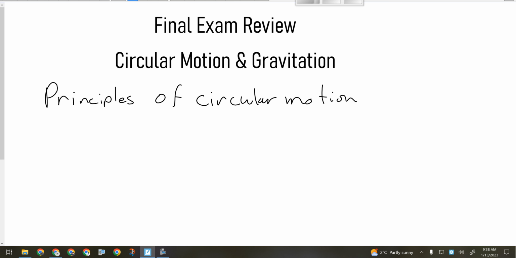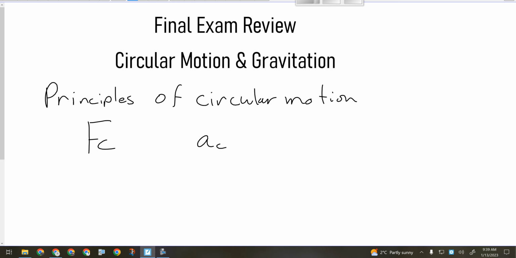Okay, so we have to have a centripetal force, and that centripetal force is causing the object to do what? Don't say move in a circle, because I already said that. Not move towards the center, but something towards the center. Accelerate towards the center.